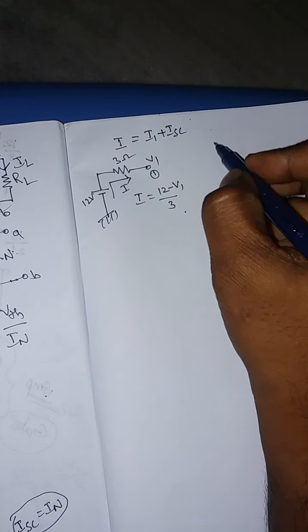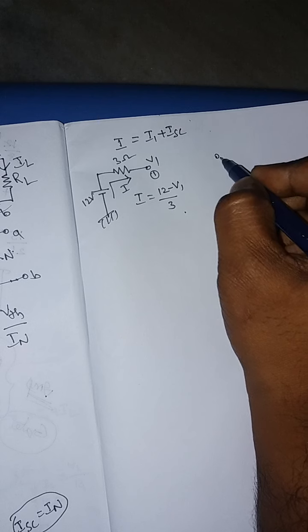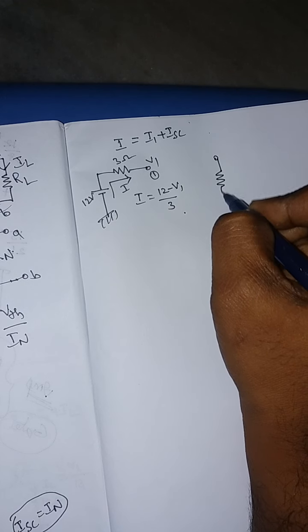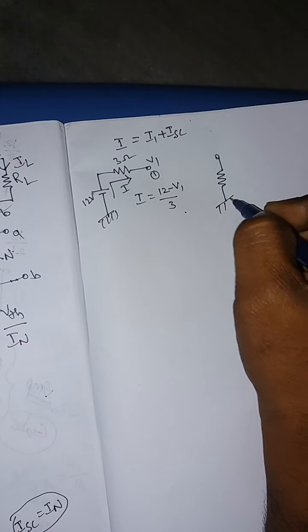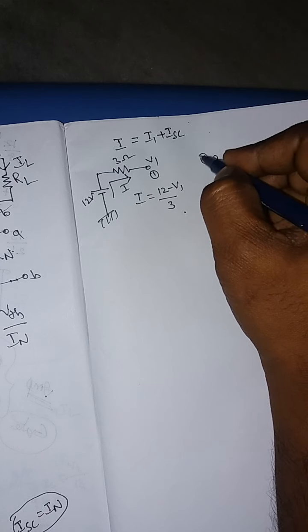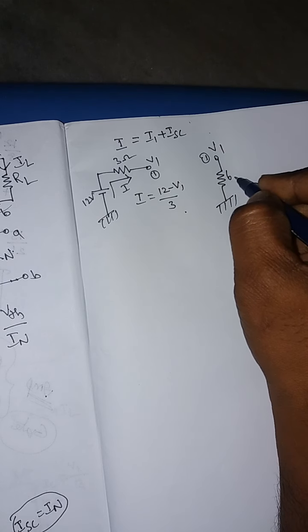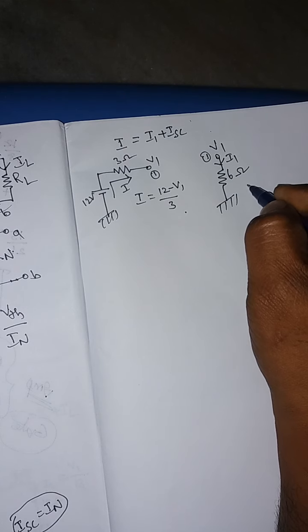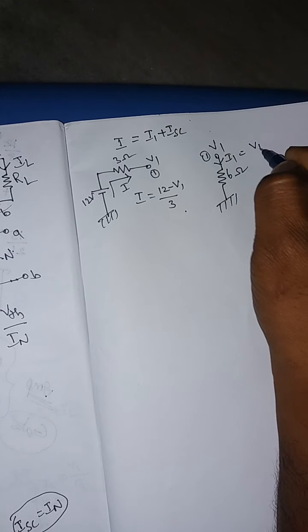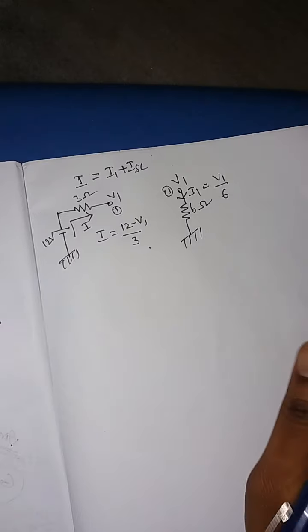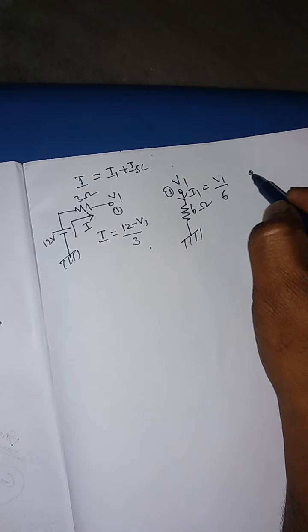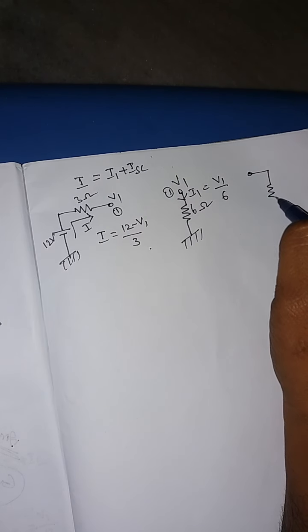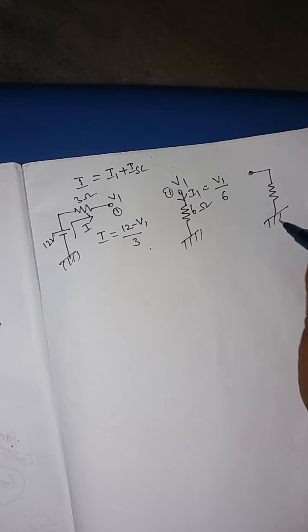Next, what is the equation for I1? This is node 1, V1, and 6 ohms. This current is I1. I1 is equal to V1 by 6. Now the last one is the current which we need to find, connected in the network like this.